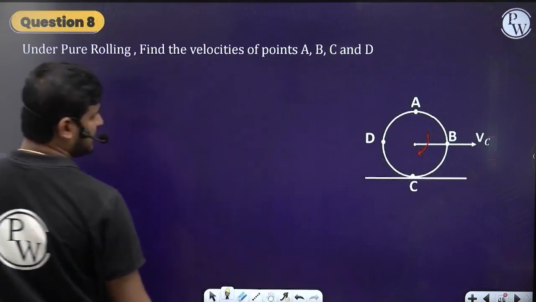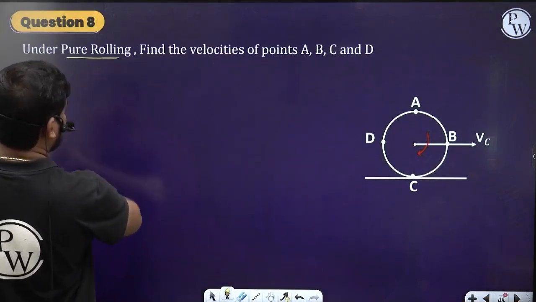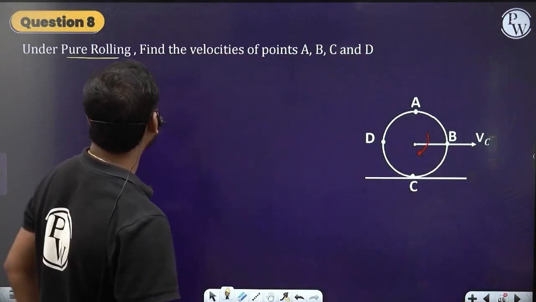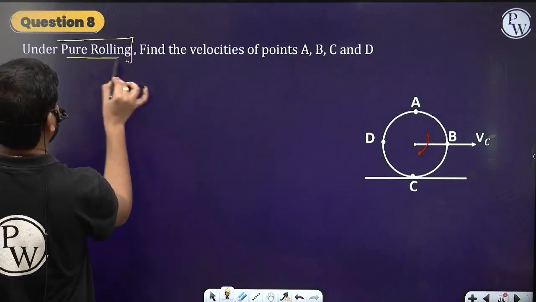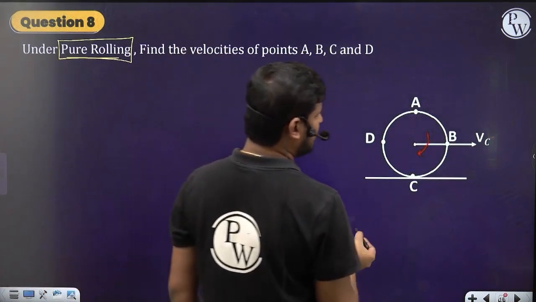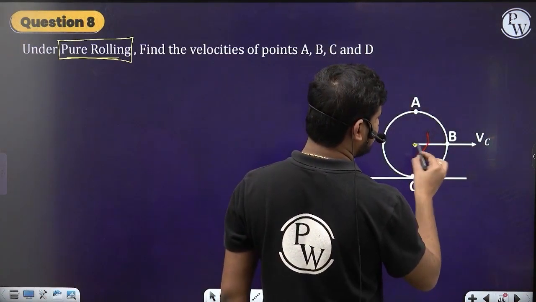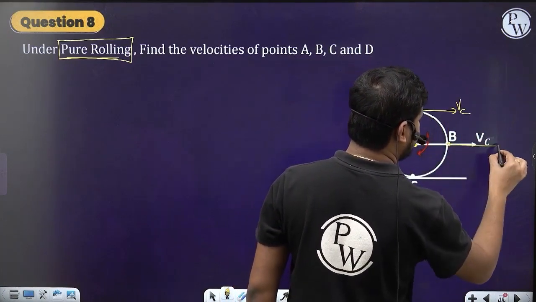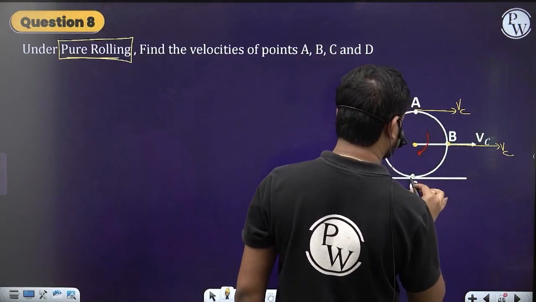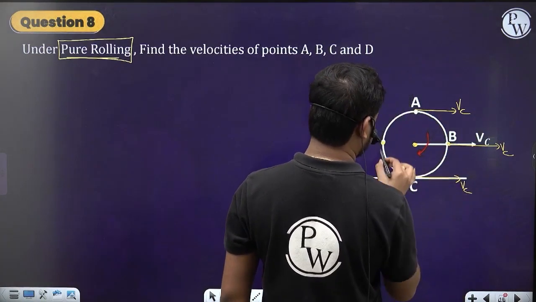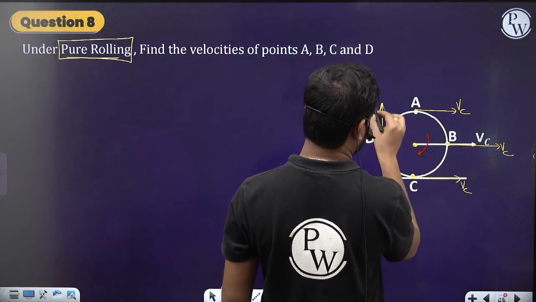Take this question. Under pure rolling, find the velocities of A, B, C, D. First, if the center of mass is moving with the velocity Vc, A point will move with the Vc velocity, B point will move with the Vc velocity, C point will move with the Vc velocity, and this point also will move with the Vc velocity.